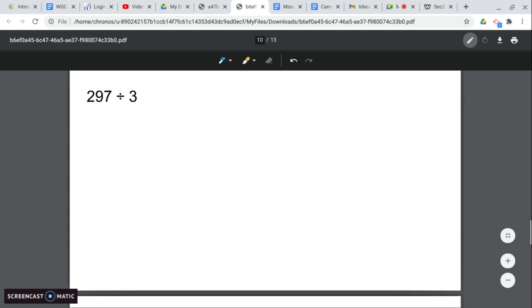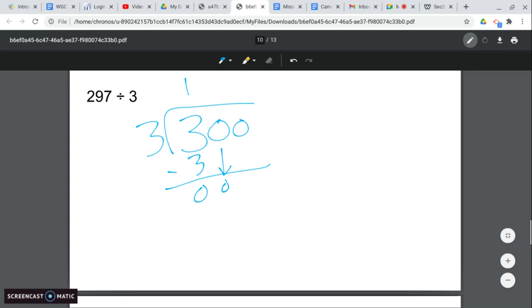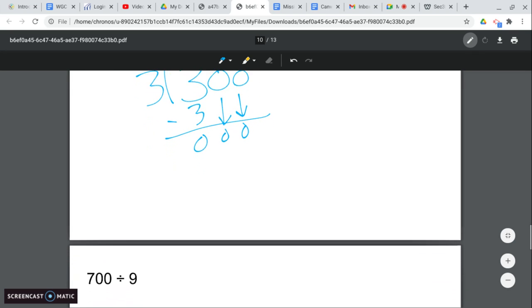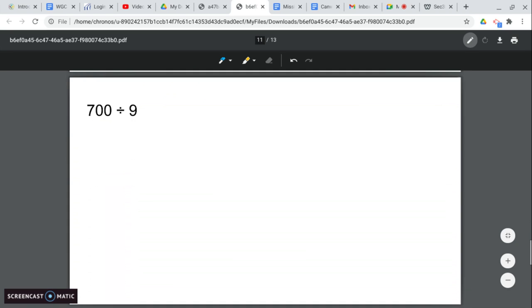So here we have 297 divided by 3. This one we should recognize we could easily round up to do 300 divided by 3. So 3 can go into 300 100 times. So 100 would be our answer. All right, here we have 700 divided by 9.